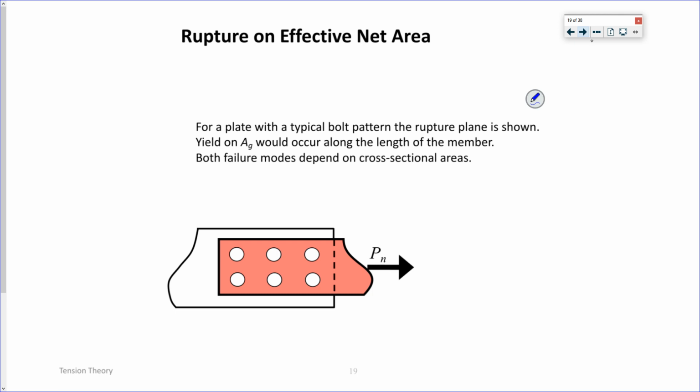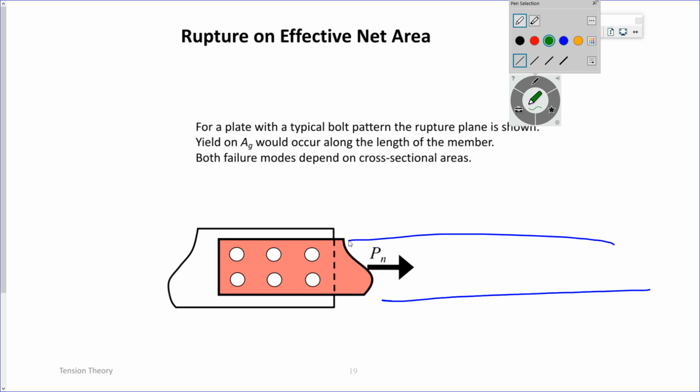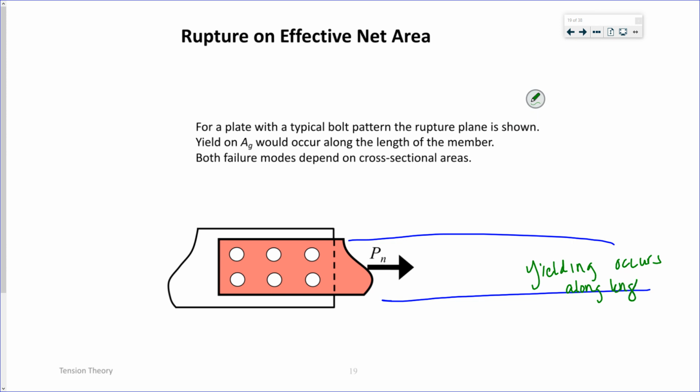Yielding occurs along the length of the member, out here somewhere. So it uses the gross cross-sectional area.